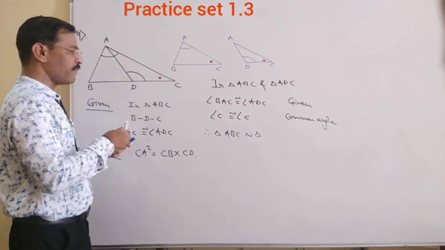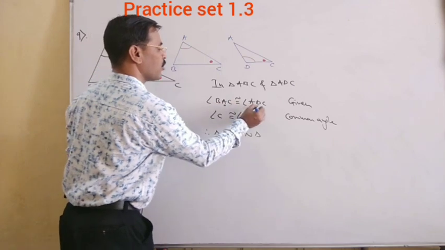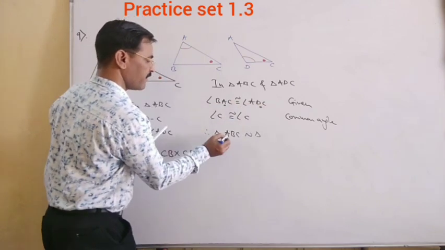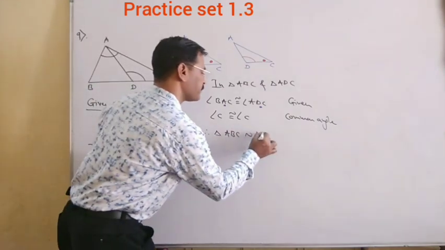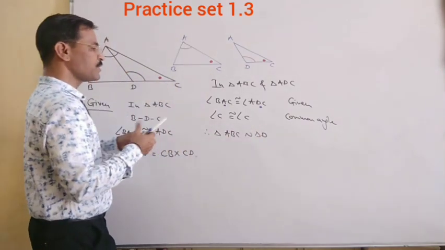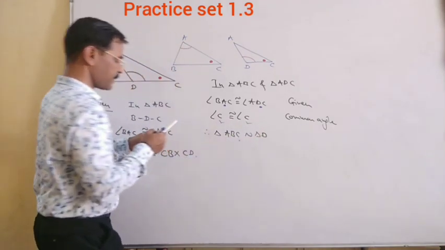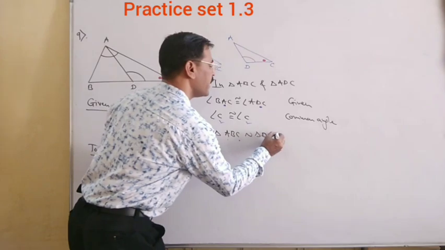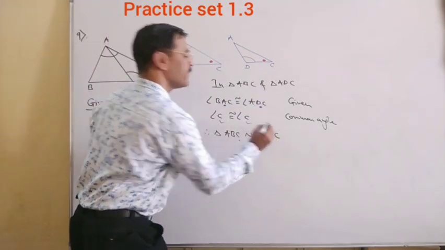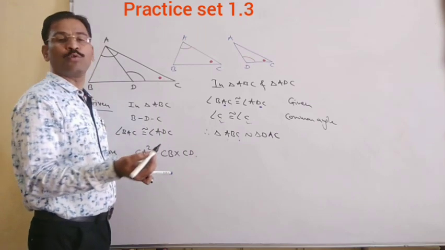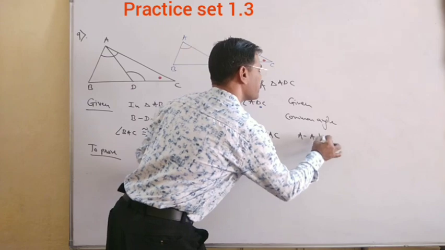Always verify whether they are in one-to-one correspondence or not. See here, A to D. Here it is A, so we have to write D first here. Afterwards, C to C, and C is in the last part, so we write C in the last place. Which part remains? A remains. This is the way to write one-to-one correspondence. This is by AA test.